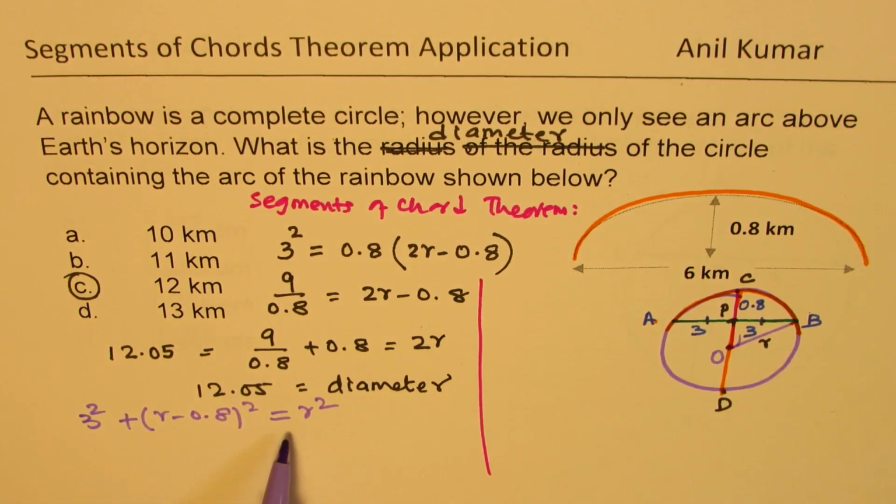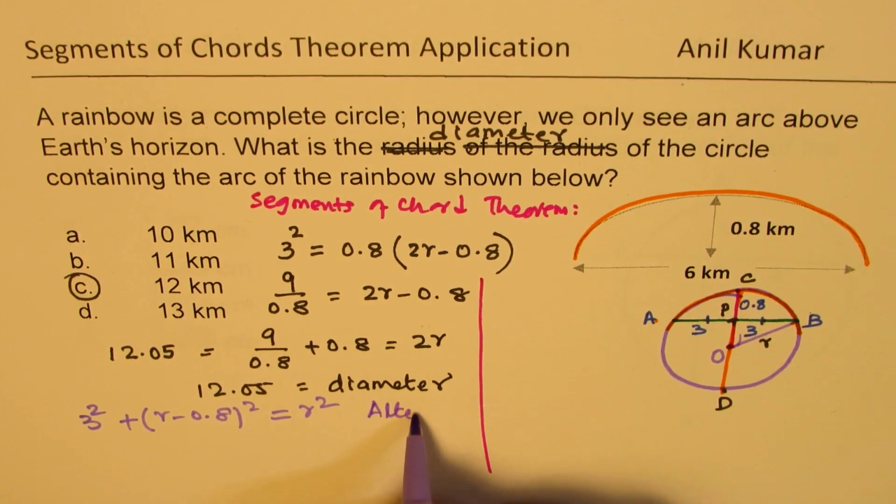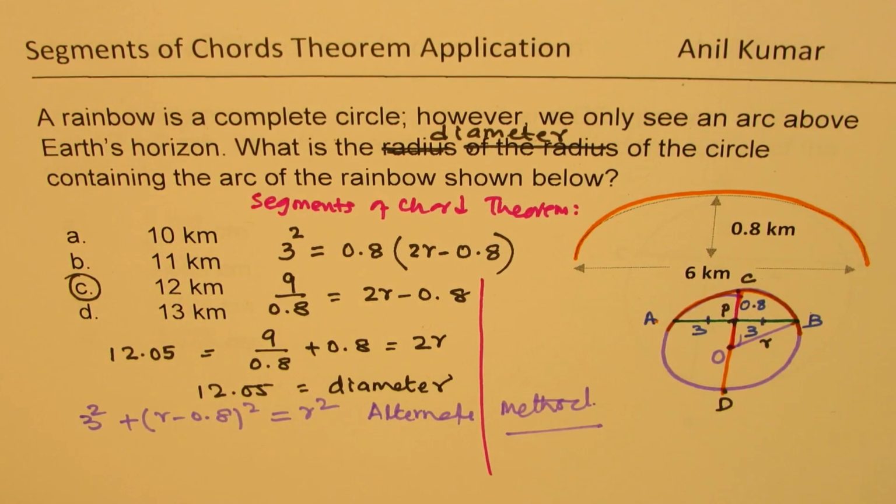So when you solve this equation, you will get the radius, which will be around 6 kilometers, correct? And then twice the radius will be your diameter. So that is how you could do it. So that becomes your alternate method, using the segments of the chord theorem. So I hope that helps. So that is how you could answer it.